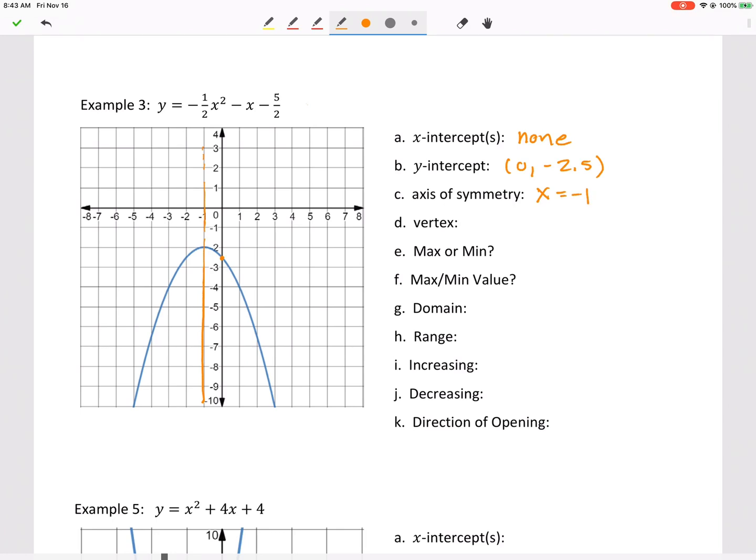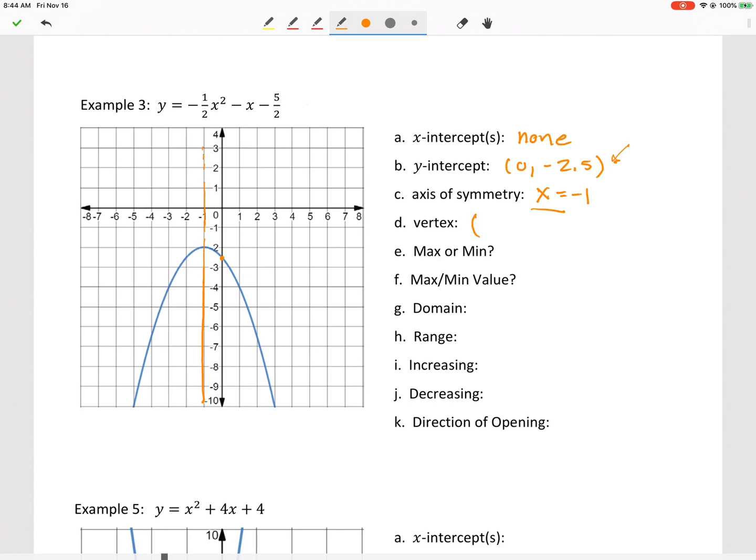So make sure when you're doing your homework, quizzes and tests, you always write x equals before you put the axis of symmetry. And the same with intercepts, you need to have those parentheses and a comma. Okay, otherwise you're going to lose points.